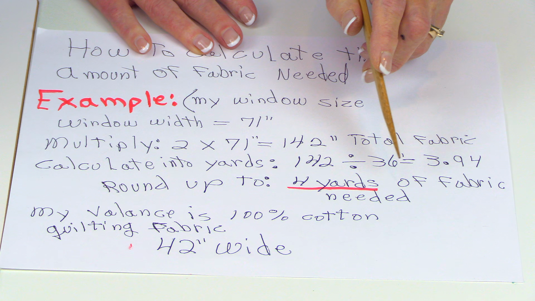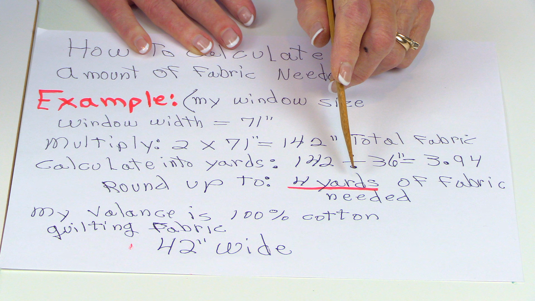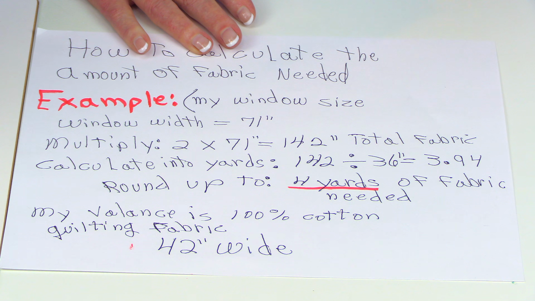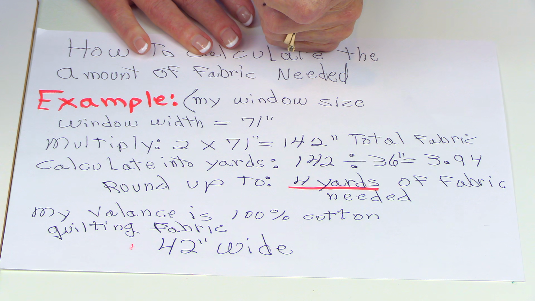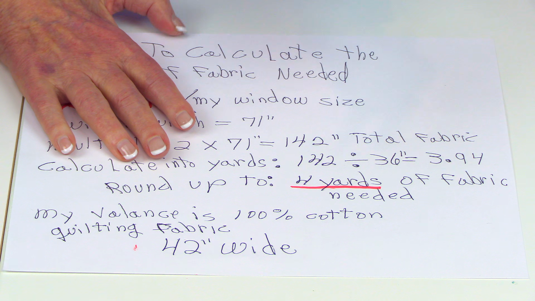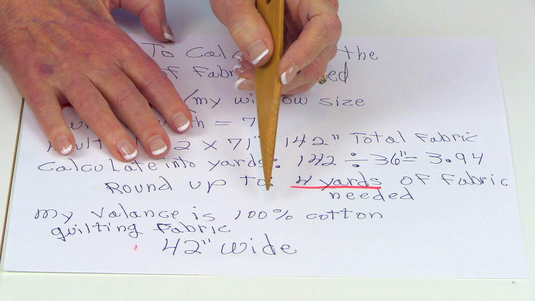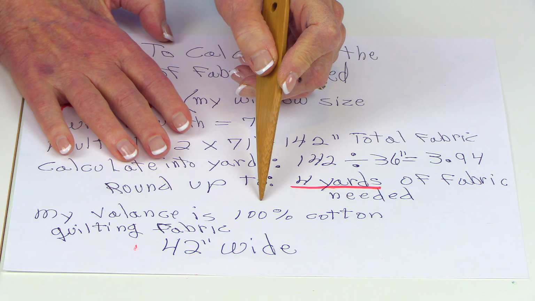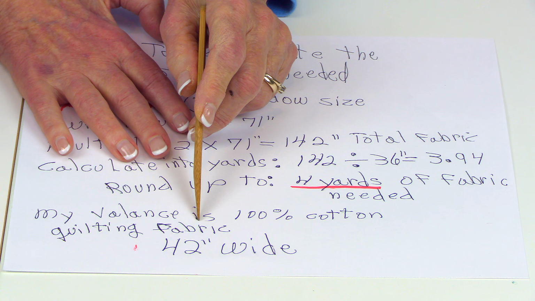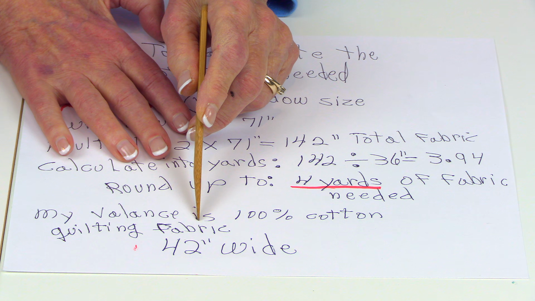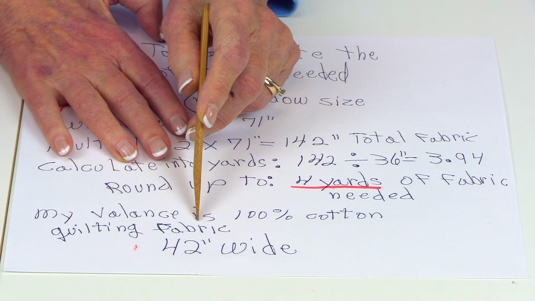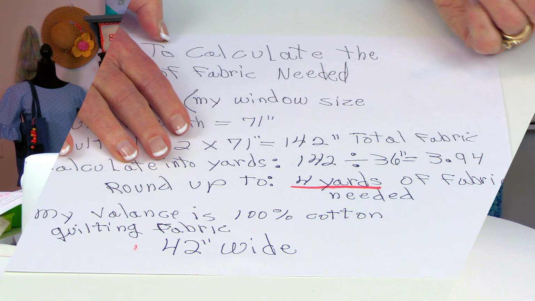Well, I'm going to go ahead and just round up to 4, and that's how much I'm going to ask for. One more thing, in this demonstration, I'm using 100% cotton quilting fabric. The average width of cotton quilting fabric is 42 inches.